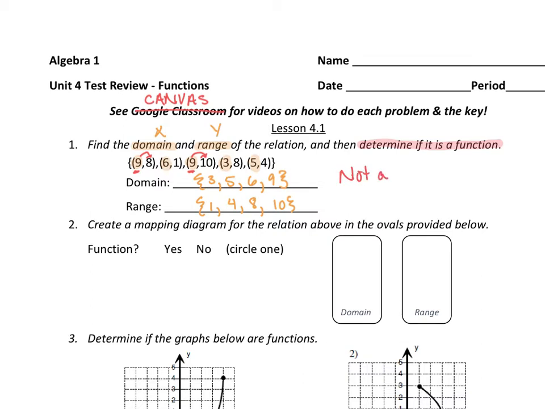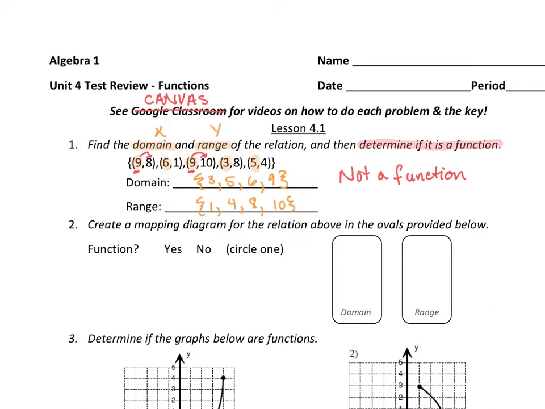So if your x values match with more than one y value, it is not a function. Same is true if we were looking at a graph or a mapping diagram. We want to make sure that those inputs only map to one unique output.